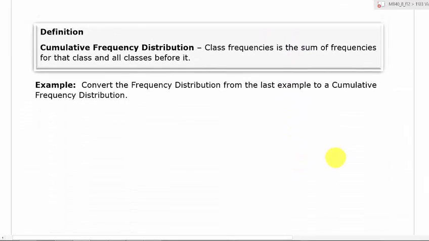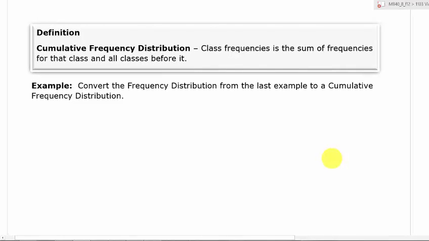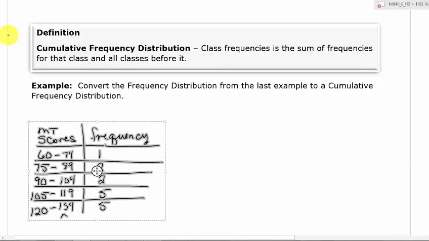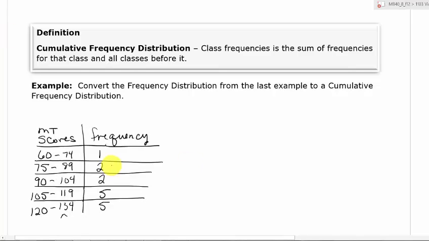So now on to a cumulative frequency distribution. Again, for this one, we are going to use the same example. So I'm just going to get that frequency distribution here. So there we have it.